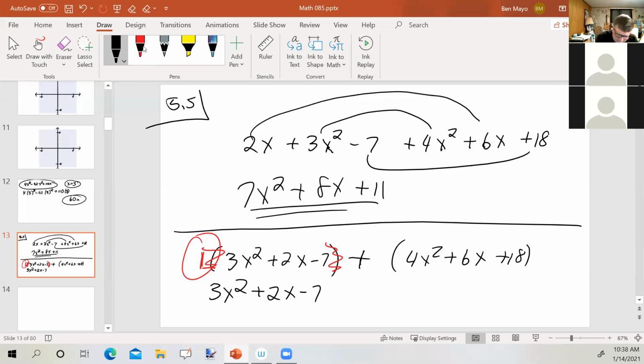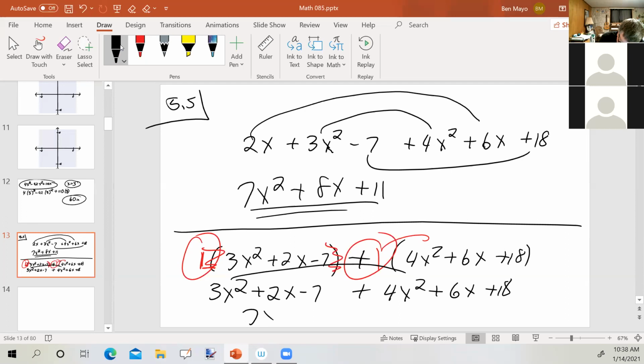If you have a plus sign in front of a set of parentheses, that's like plus 1 times it. So again, you would distribute the 1, so you'd basically get plus whatever's inside written as it is. Then you'd go back and combine like terms. You'd get 7x squared plus 8x plus 11.